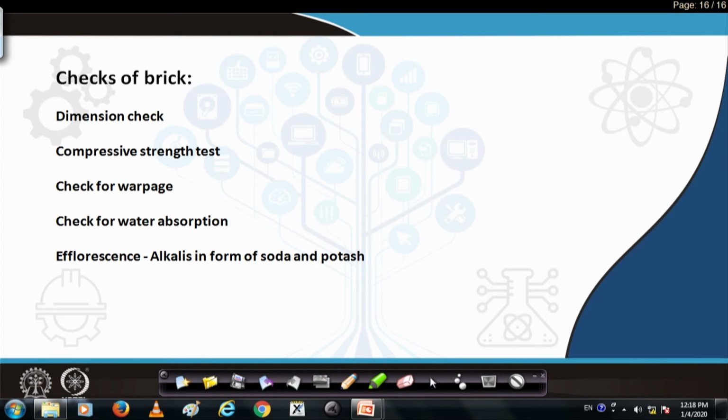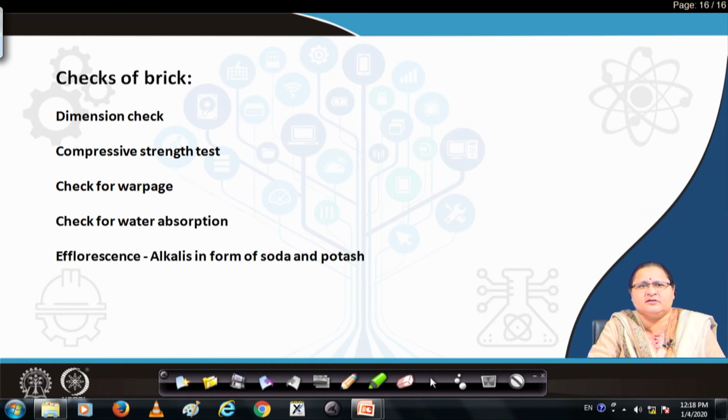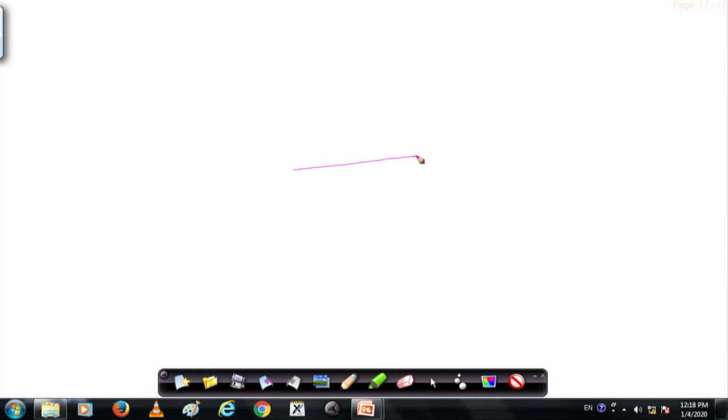Compressive strength test, it is the universal testing machine onto which you can check the test strength or the compressive strength. Check for warpage, you can place a brick on a table and if the bottom does not align with the table, look into what is the warpage.